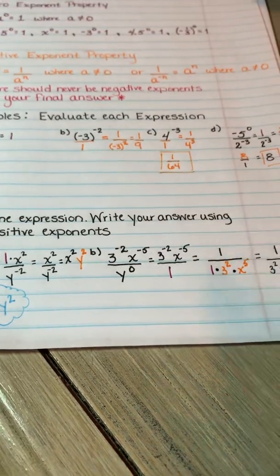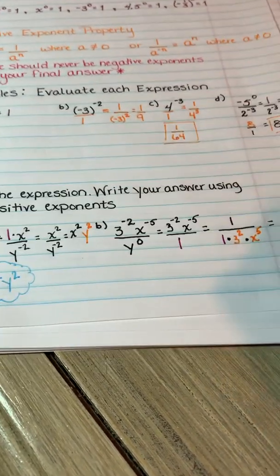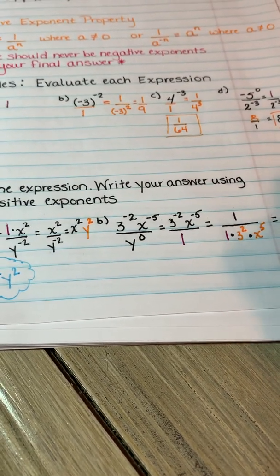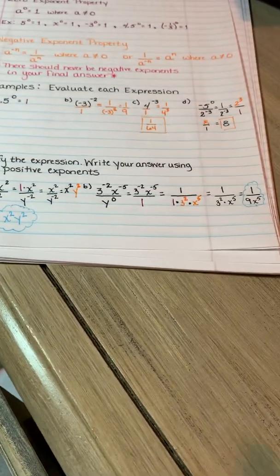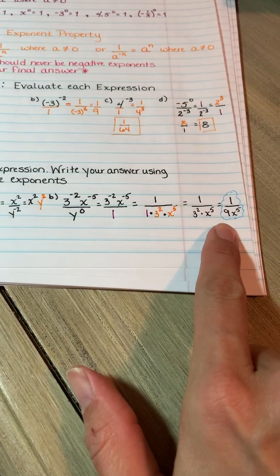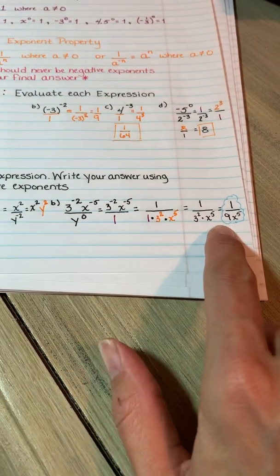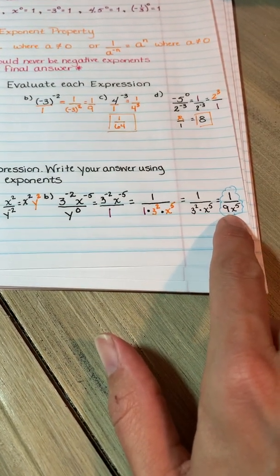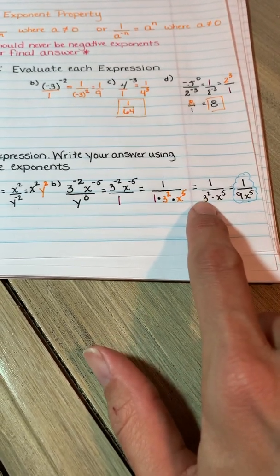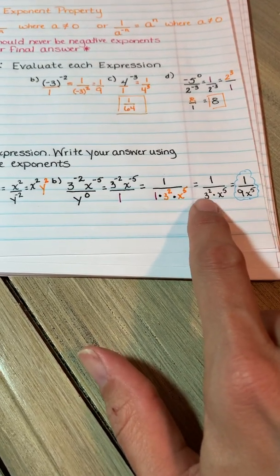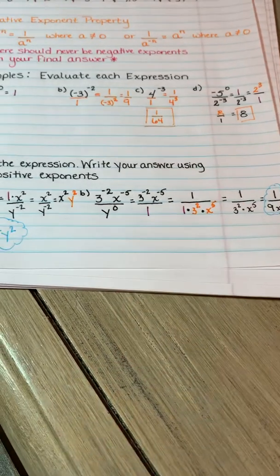And that will be our final answer for $1 million math. So our final answer for $1 million math is 1 over 9 times x to the 5th. And some of you might be wondering, well, how did she get that 9? That's because 3 squared is 3 times 3, and 3 times 3 is 9.